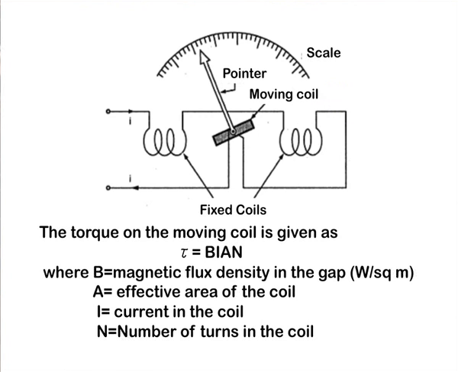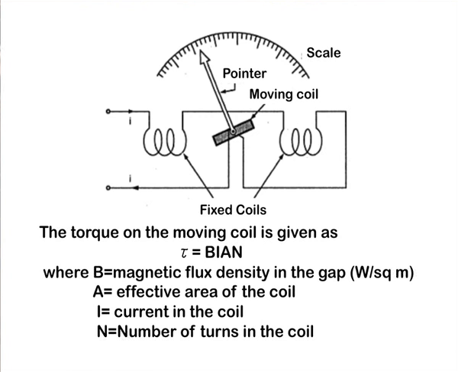Now, if we see it carefully, we find that all the three coils are basically in series with each other. The wire extends up to coil 1, a fixed coil, then up to coil 2, which is again a fixed coil, and the wire of this coil extends to the moving coil which is between coil 1 and coil 2.